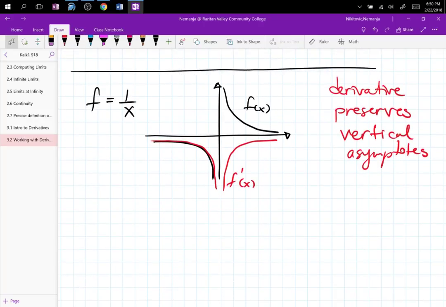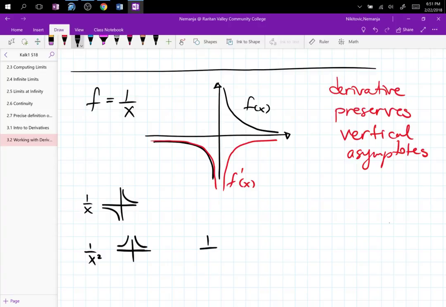Now, if you paid attention earlier, you can connect a lot of things with this example now. First off, 1 over x graphs this way. And now 1 over x squared graphs this way.